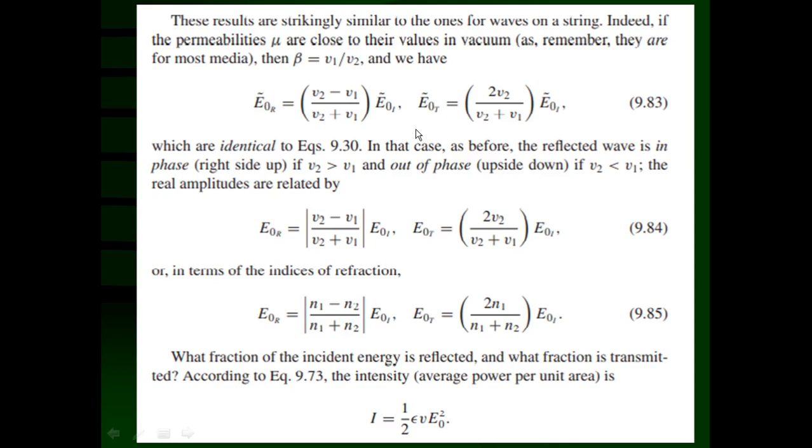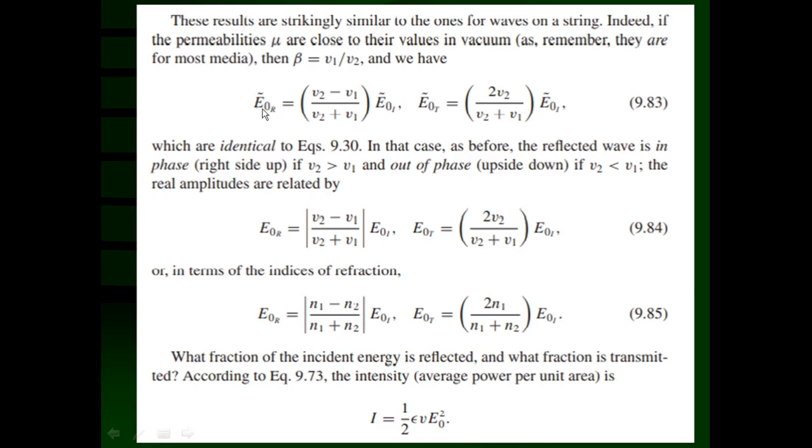Similarly, this is the magnitude of the transmitted wave's electric field in terms of the incident wave, but the fraction here is obtained in terms of the phase velocities of the electromagnetic waves in medium 1 and medium 2, that is in terms of V1 and V2, which are identical to equation 9.30. In that case, as before, the reflected wave is in phase, right side up, if V2 is greater than V1.